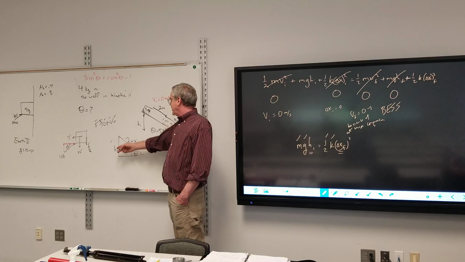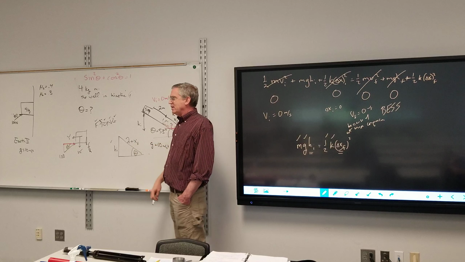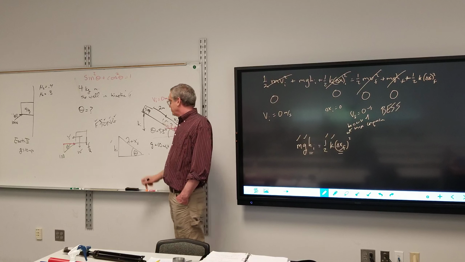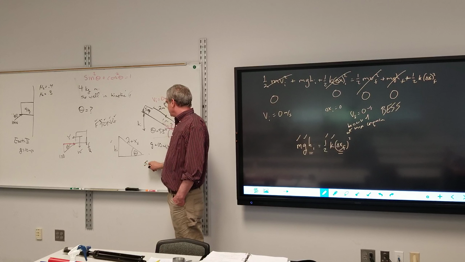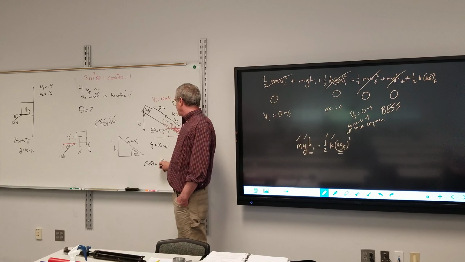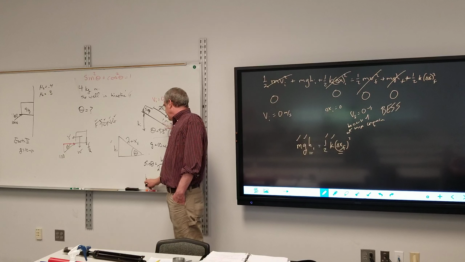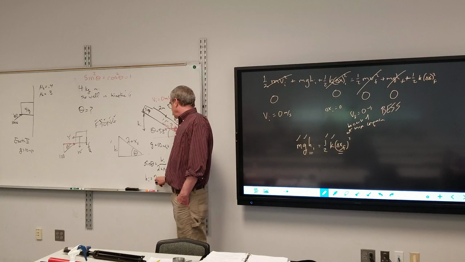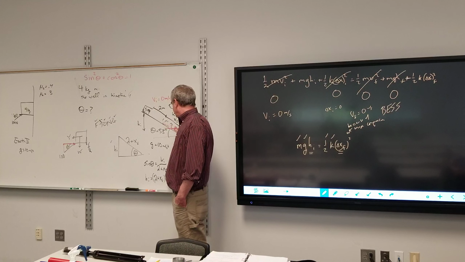So what trig function involves the opposite side and the hypotenuse? Sine of theta is equal to my initial height over 2 plus x final. So my initial height is just the hypotenuse, 2 plus x final, times sine of theta.